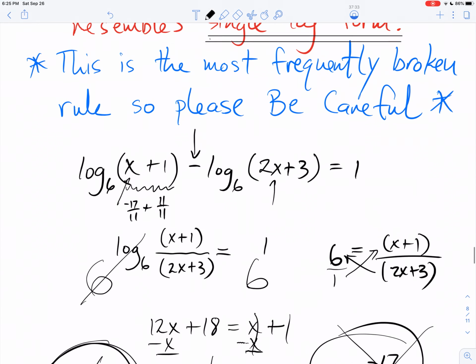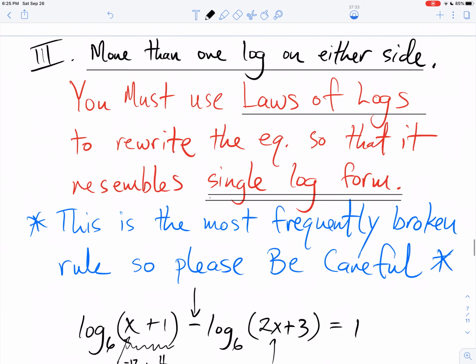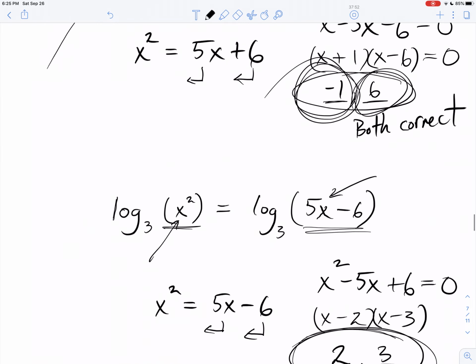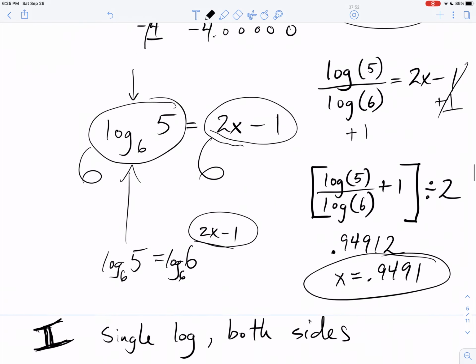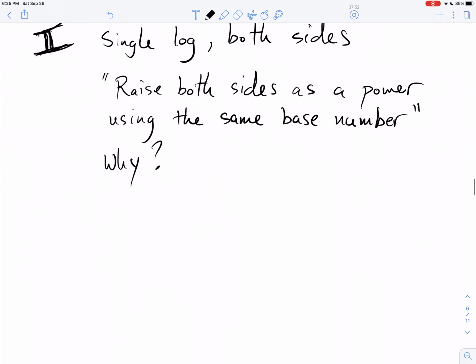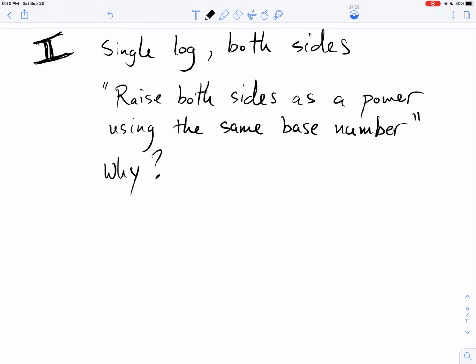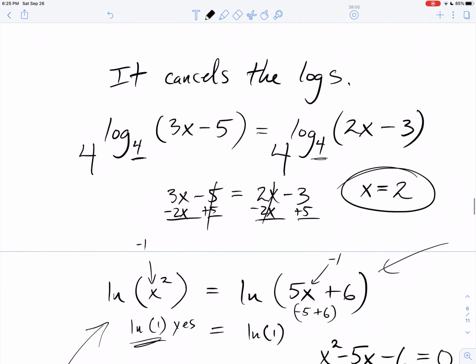And I'm just scrolling through this slowly because I want to make sure. There's 3 different Roman numerals I came up with. We just talked about this one. And then, don't forget, sometimes the original problem has a single log on both sides to begin with, and we try to cancel out the logs by doing that.